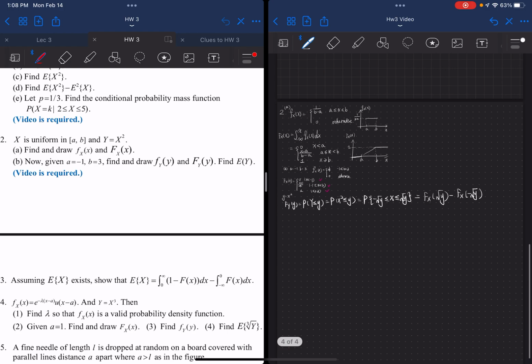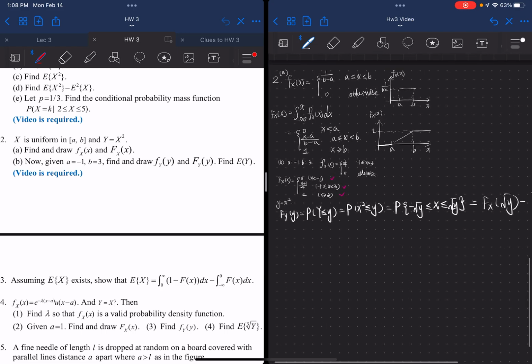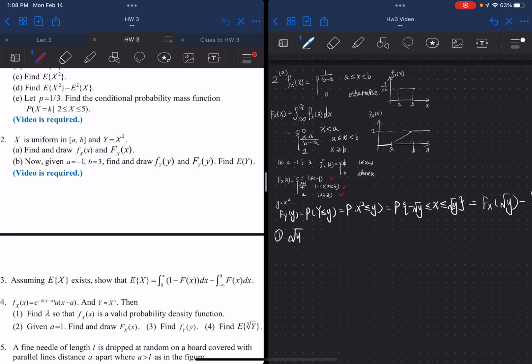As we can see, the distribution function of X is divided into 3 segments, so we have to divide the square root of y into 3 segments also. The first segment is the square root of y greater than 3, so minus square root of y is smaller than minus 3, and y is greater than 9. In this case, the distribution function of Y is 1 minus 0, which equals 1.